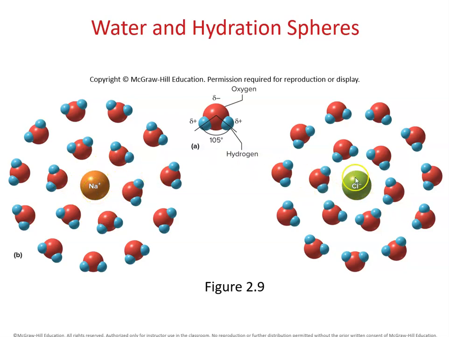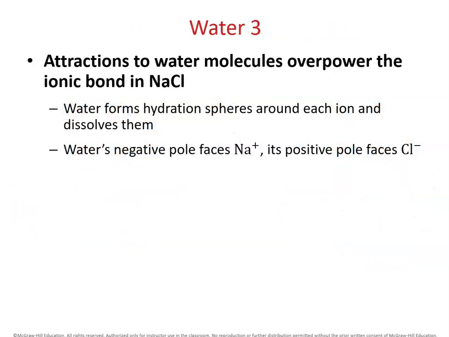And over here, where we have the chloride with its negative charge, all of the water molecules want to line up with their partial positive charges on the hydrogen sides close to the chlorides. So water has the ability to overpower the attraction between the positive sodium and the negative chloride.